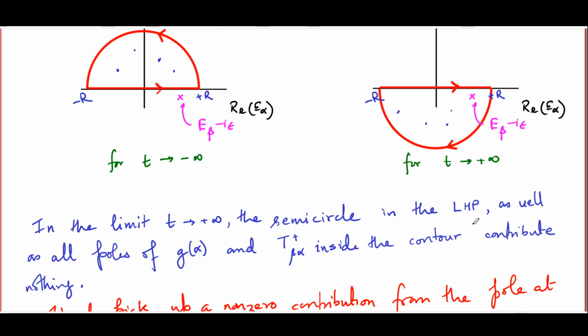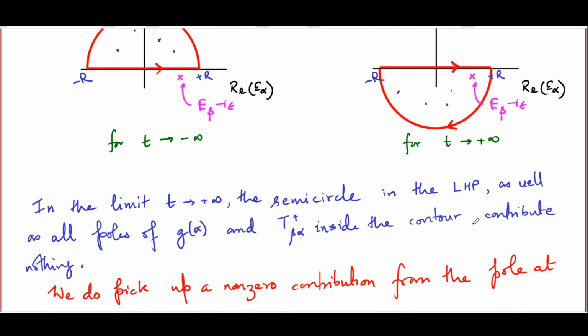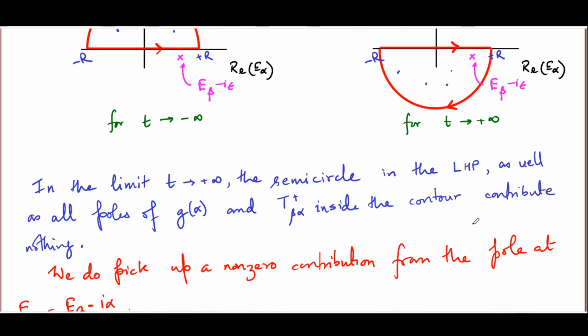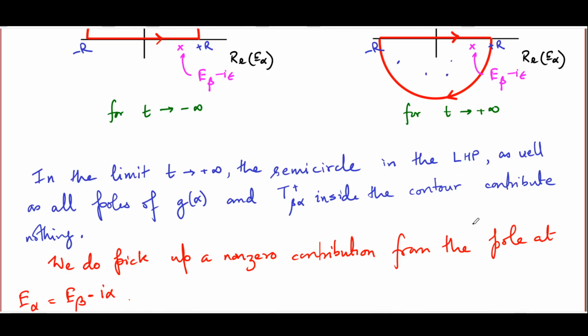All of these would have a E alpha with a negative imaginary part, and now e to the minus I E alpha t would have an exponentially damped factor which will vanish as t goes to plus infinity. So the only non-zero contribution comes from the pole at E alpha equals E beta minus I epsilon in the limit where epsilon goes to 0.